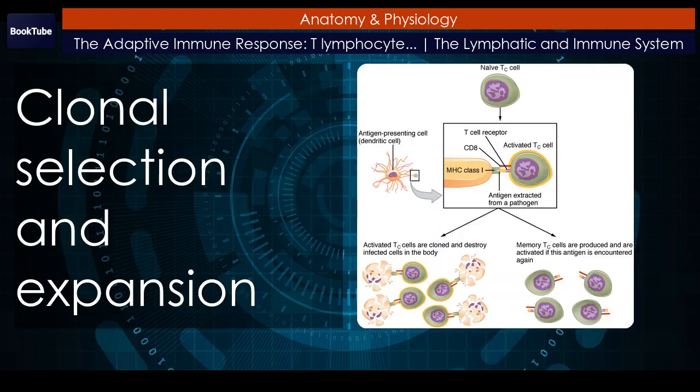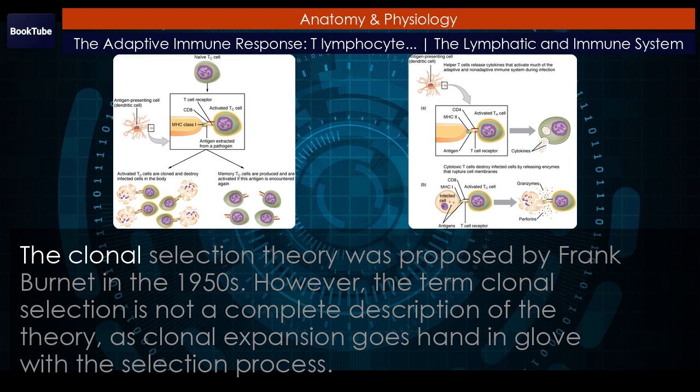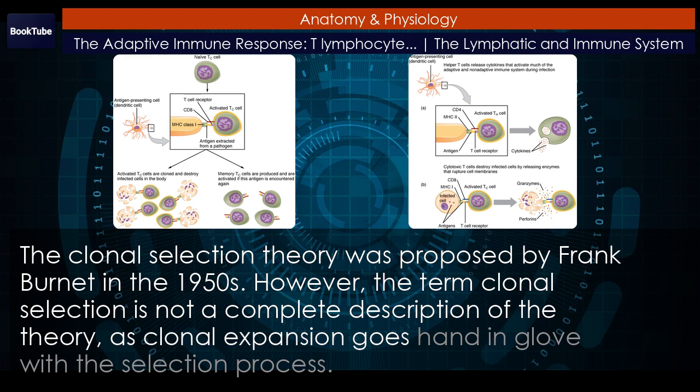Clonal selection and expansion. The clonal selection theory was proposed by Frank Burnet in the 1950s. However, the term clonal selection is not a complete description of the theory, as clonal expansion goes hand in glove with the selection process.